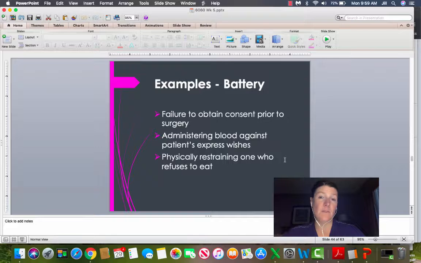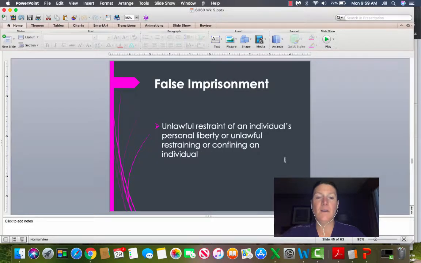There are appropriate times to use them, not as much as there used to be, because they have really cracked down on what is considered battery and have better defined when it is appropriate to restrain a patient if they're belligerent, injury to staff, those types of things. But failure to obtain a consent, well, how do you avoid that? Well, you get consent from the patient prior to operating on them, etc. So all situations of potential battery.